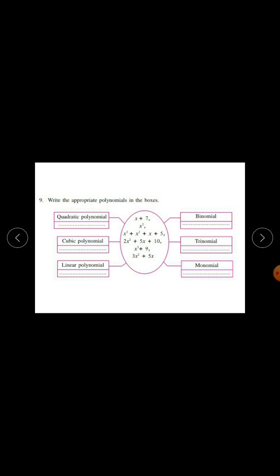Binomial means polynomial consists of two terms, and trinomial means polynomial consists of three terms, and monomial means polynomial consists of one term. Quadratic polynomial means a polynomial of degree 2 is called quadratic polynomial, and cubic polynomial means a polynomial of degree 3 is called cubic polynomial, and linear polynomial means a polynomial of degree 1 is called a linear polynomial.